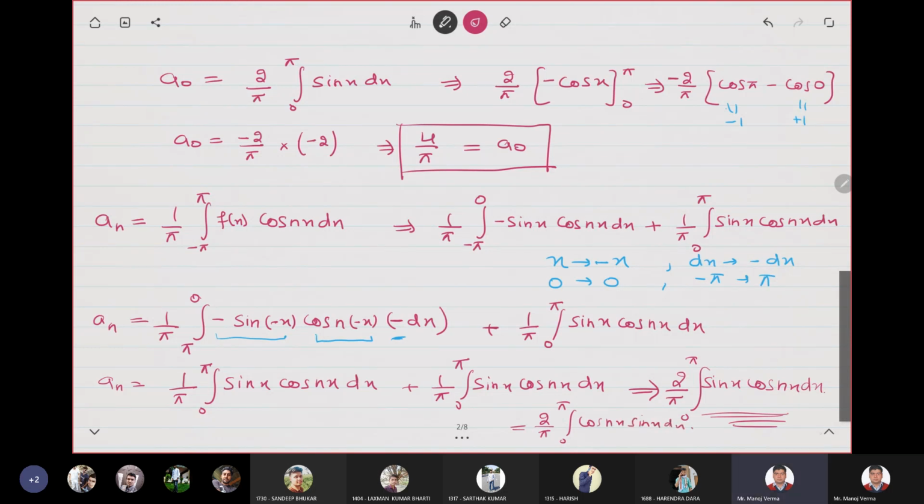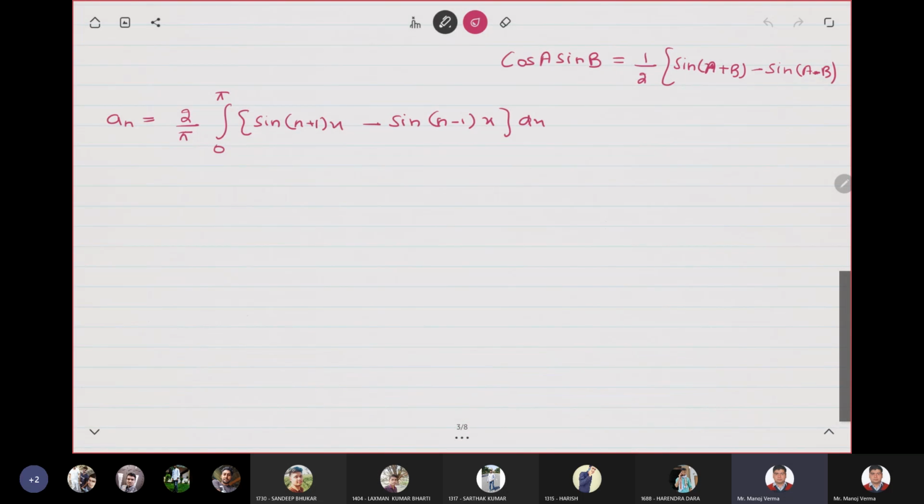I am writing cos before the sin x, so this formula will become like this: 2 over pi, 0 to pi, cos nx sin x dx.